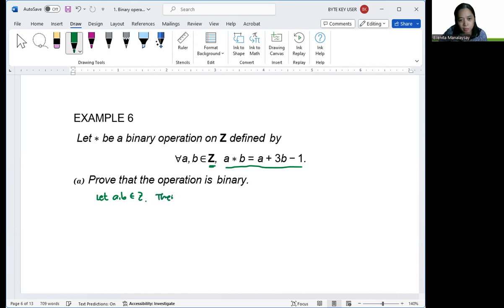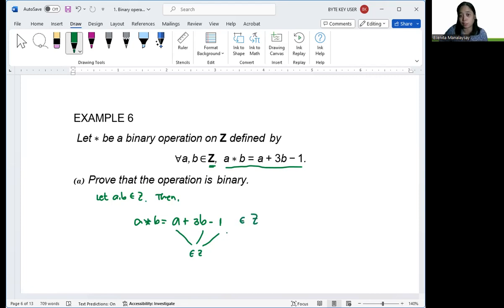Then A star B, as defined here, is A plus 3B minus 1. We have to take note that B is an integer, so 3 times B is also an integer. Then this is minus 1. These are integers, and we are sure that the sum of integers is an integer.